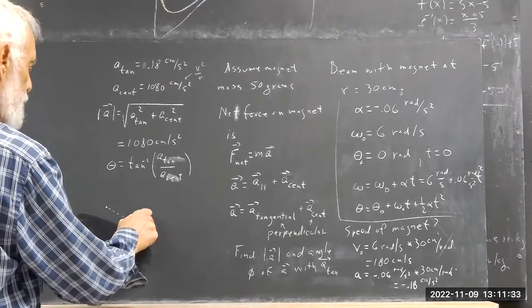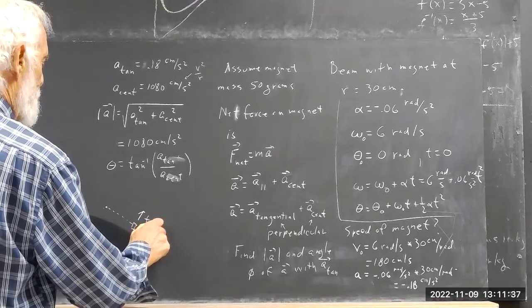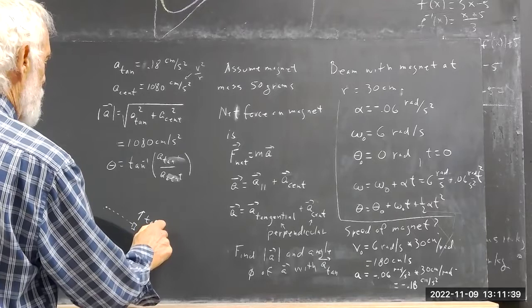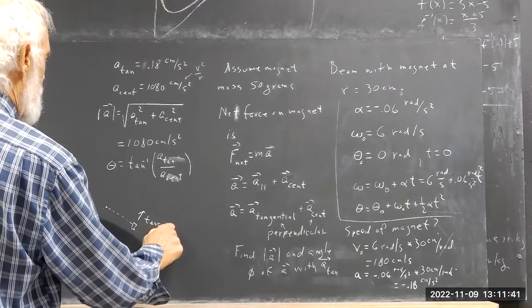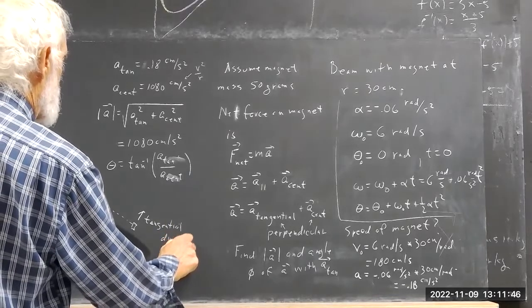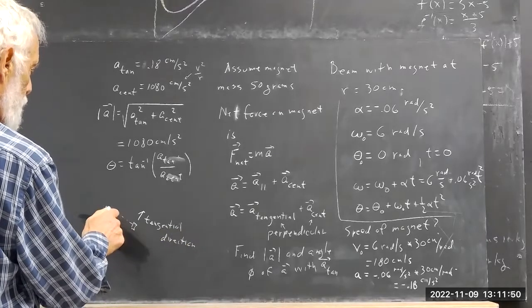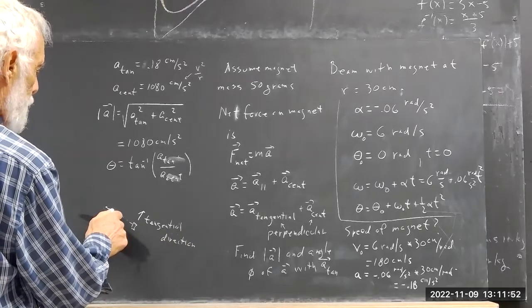Here's your magnet. Here's your tangential direction. And here's your radial direction.